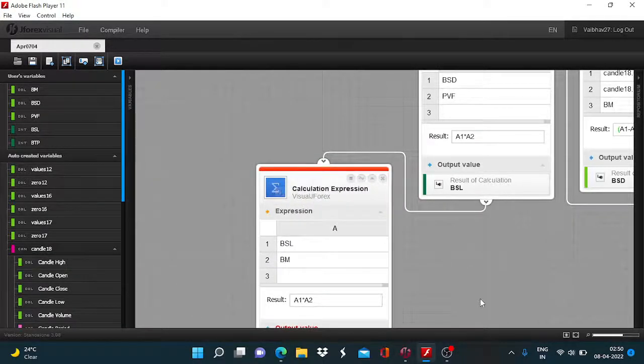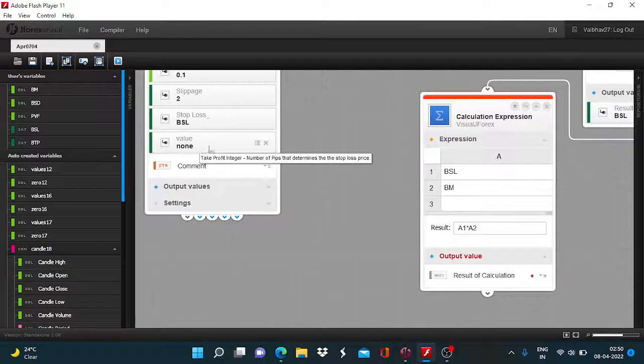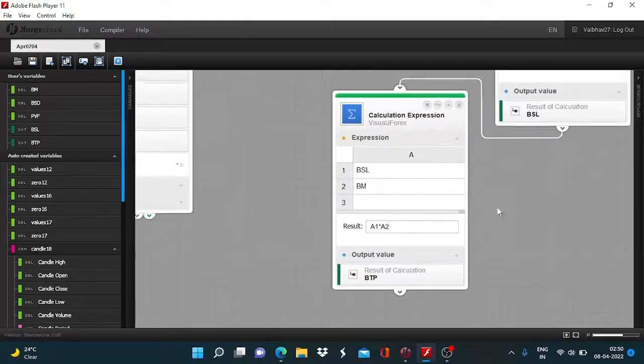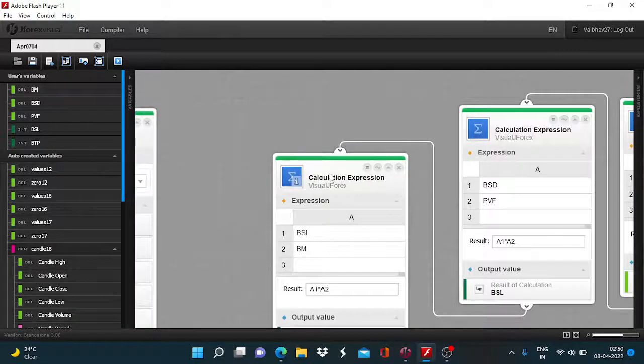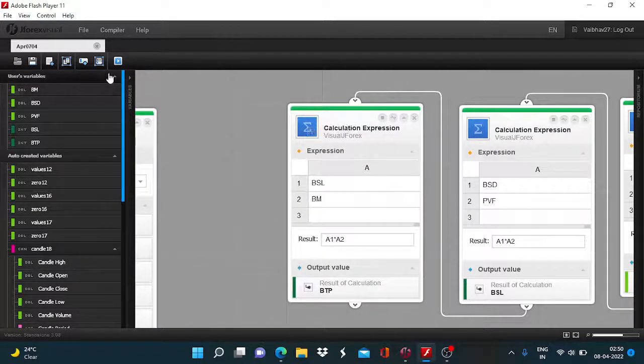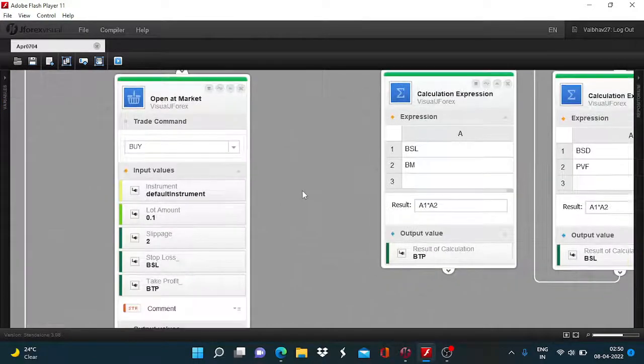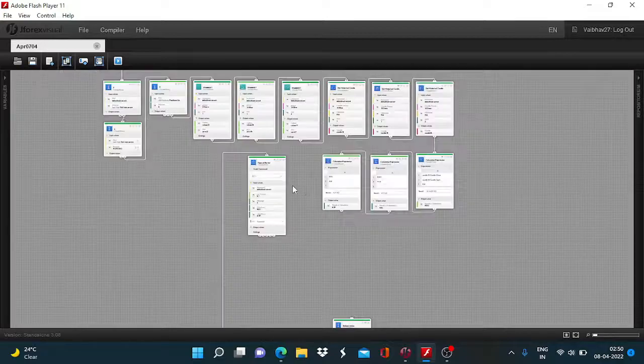Okay, so we now have this take profit parameter defined. All right.